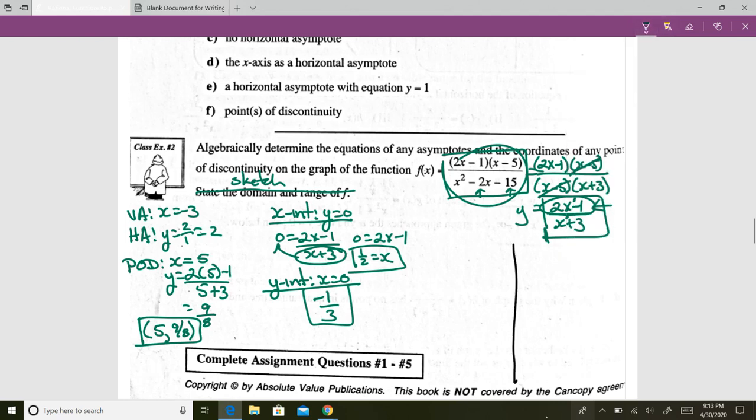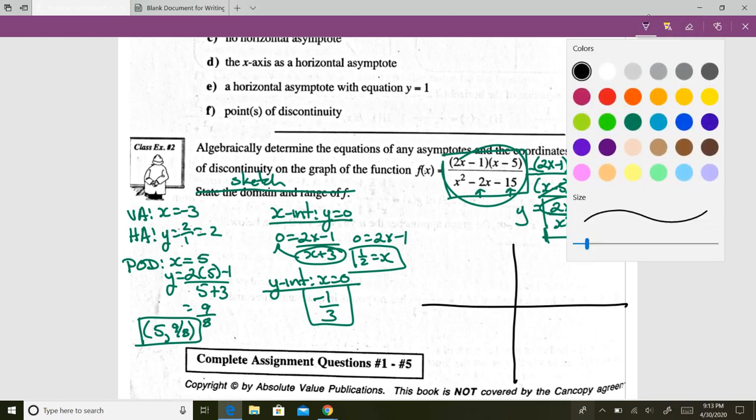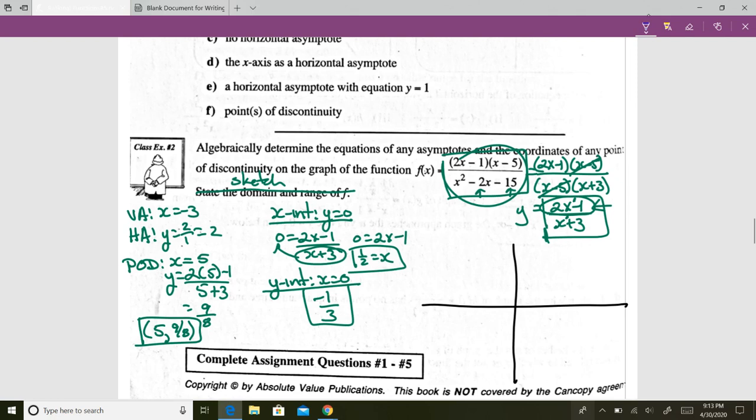So mark all your points. Okay, so x-intercept is at 1/2. Y-intercept is -1/3. Scale is going to be a little off here, people. Is -3.